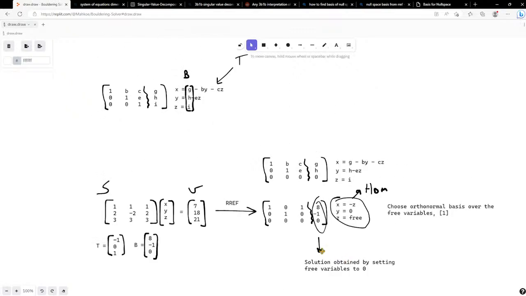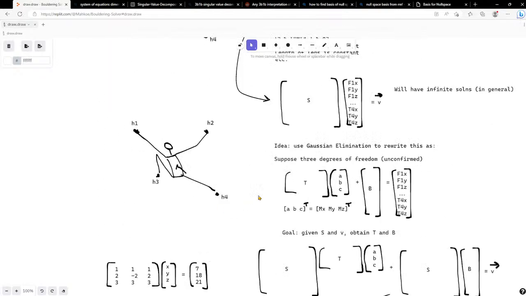In other words, I just have this one z free variable, but it doesn't mean anything. It's just some scalar multiplier in front of the column space. It has no meaning.